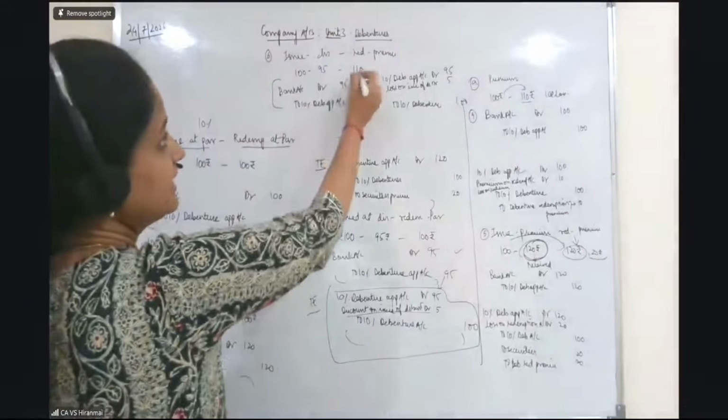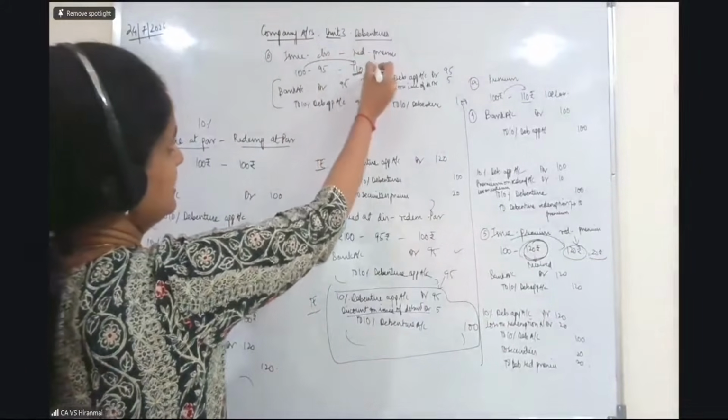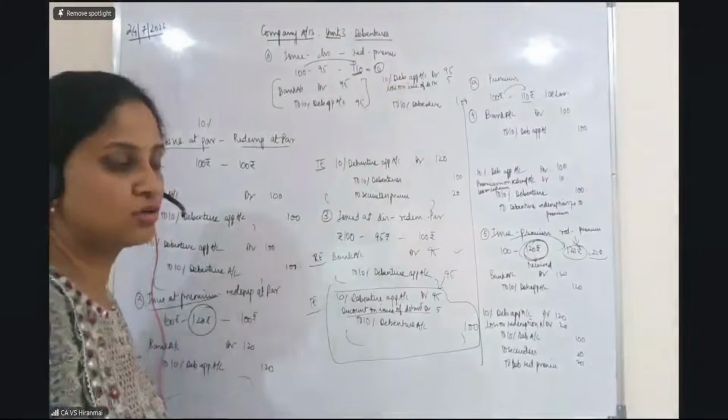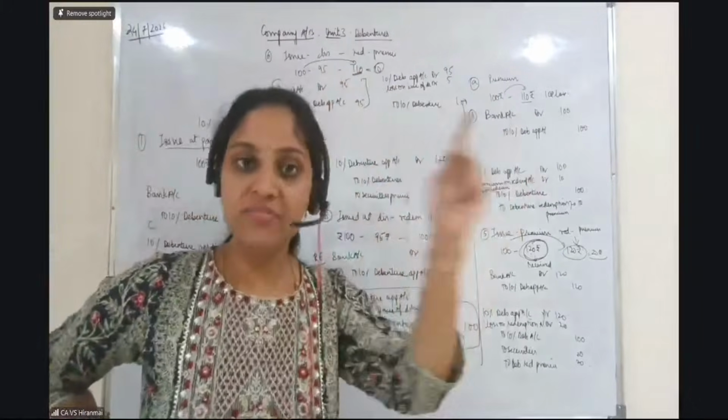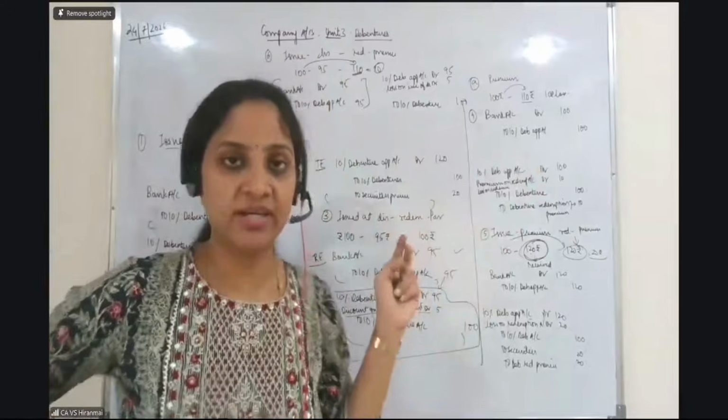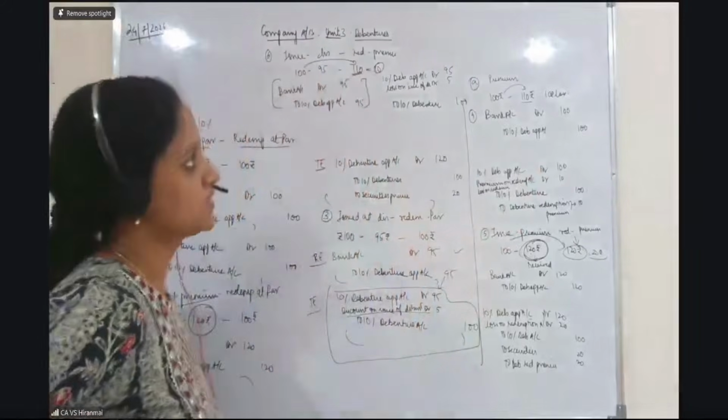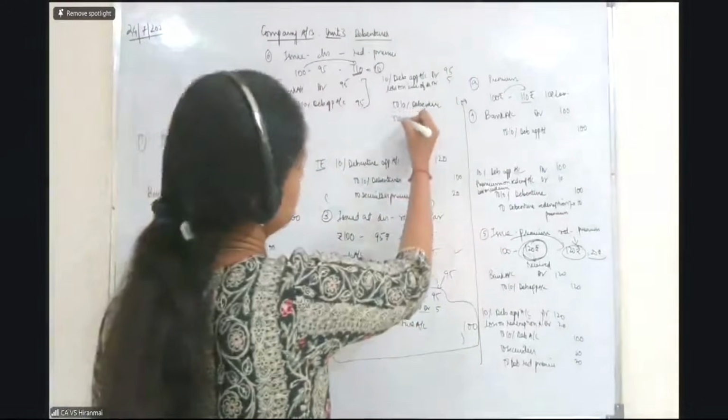But 110 minus 100, that is 10 rupees. Here also you should not make the mistake. Don't take 95 and subtract it from 110. Only face value you should always compare. Okay, so 110 minus 100 is 10 rupees. Now this 10 rupees is the loss.